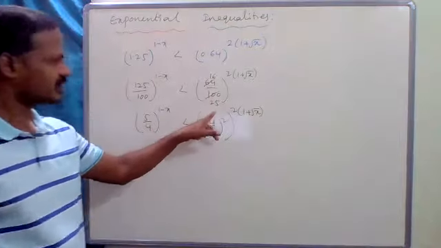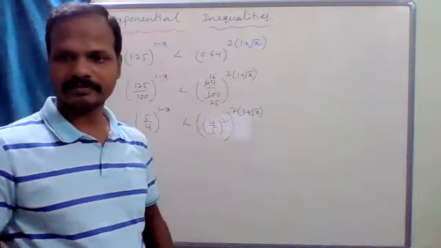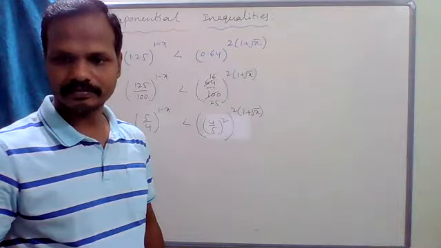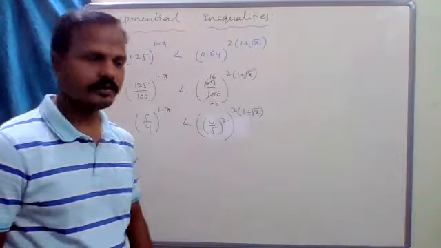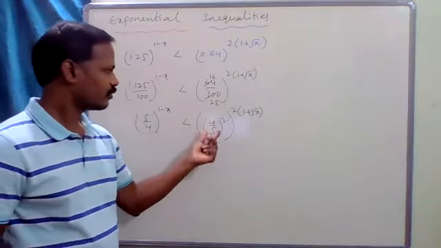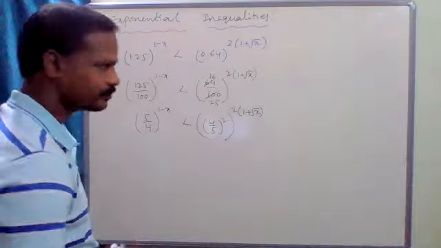Is it clear? 16 by 25 is 4 by 5 whole square.